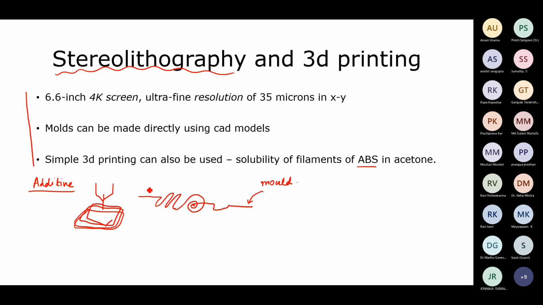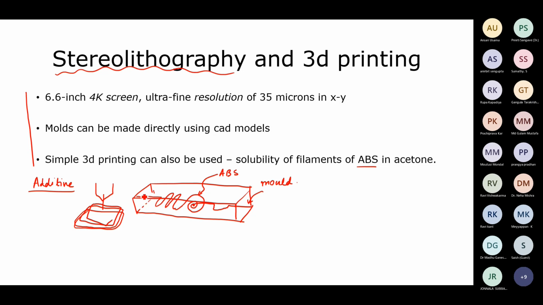Now, when you pour PDMS throughout this, suppose this ABS filament is completely embedded inside PDMS. Now, you can simply place this cured PDMS with the ABS into a petri dish which contains acetone.